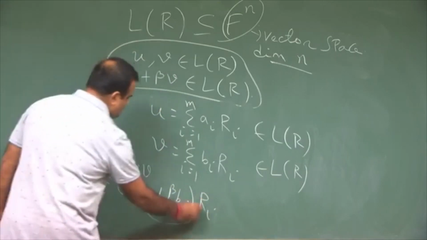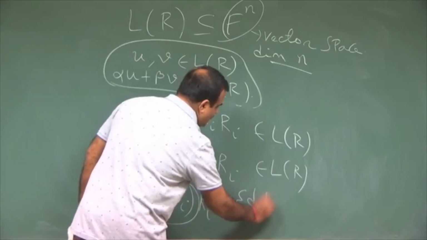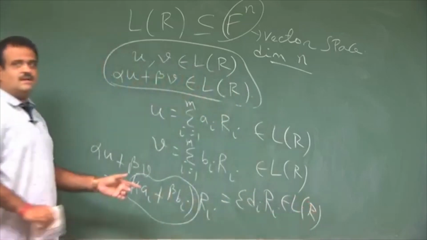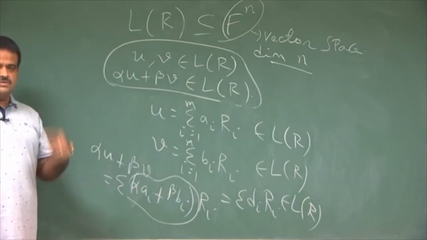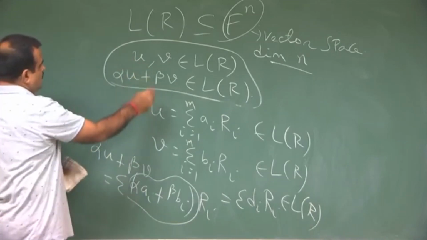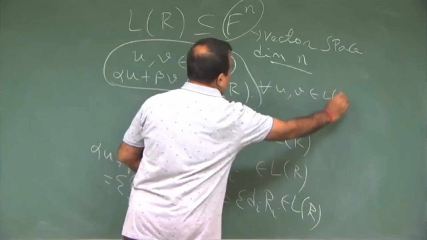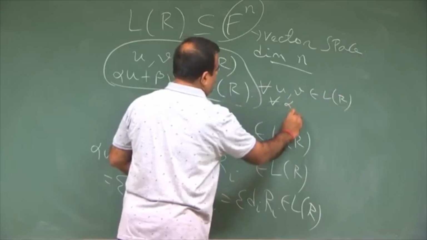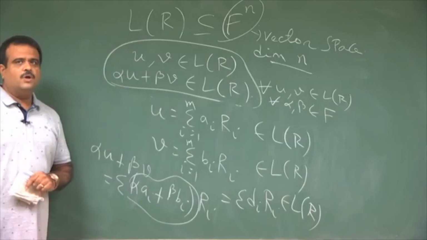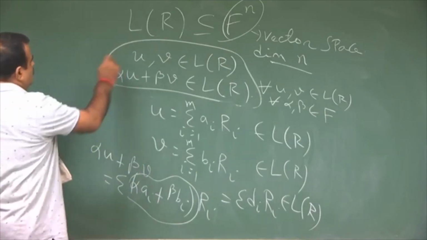This is some d i, so the summation of d i r i is a linear combination of the rows of the matrix. So this holds for all u, v belonging to the span and for all alpha, beta belonging to the scalars. So this is a vector space, and this space is called the row space.